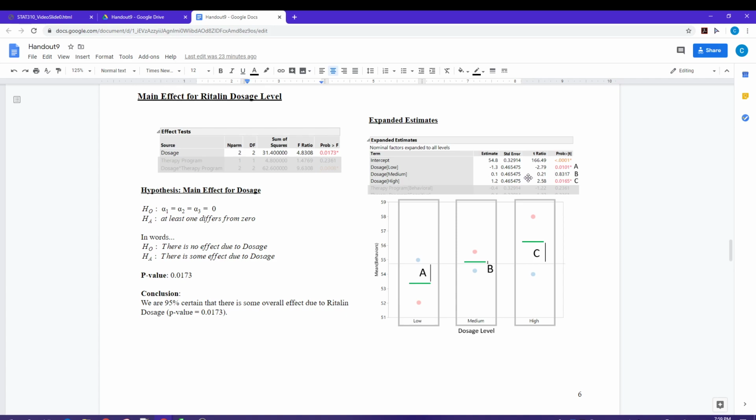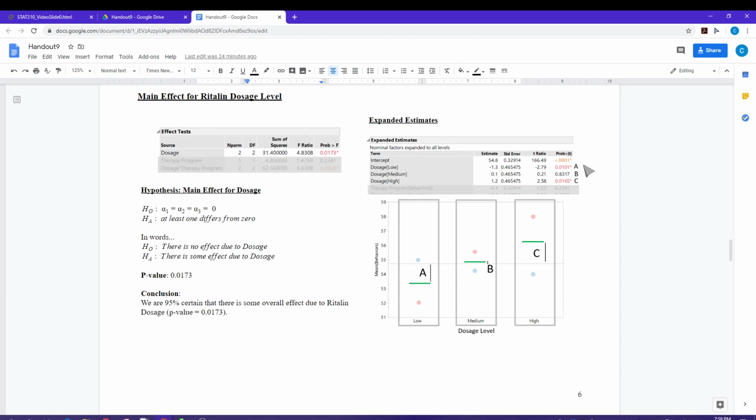So this here is, well, alpha 1 hat is negative 1.3. What this test is doing is testing whether or not alpha 1 is statistically different from 0. If the p-value here, so I'm talking about p-value A, if that p-value is less than 0.05, then it's statistically different than 0.